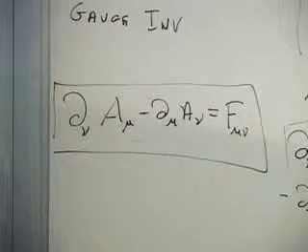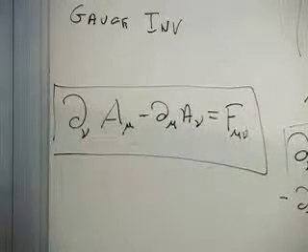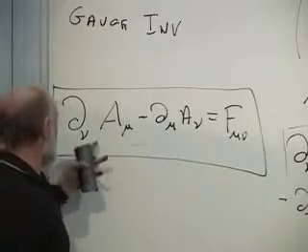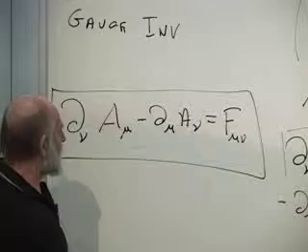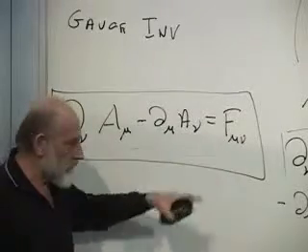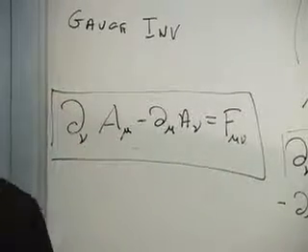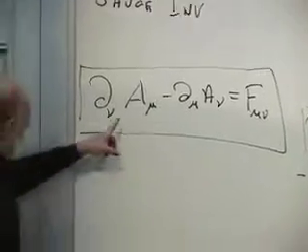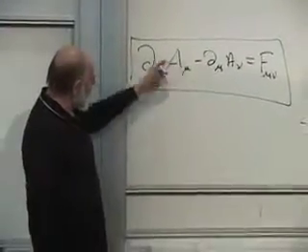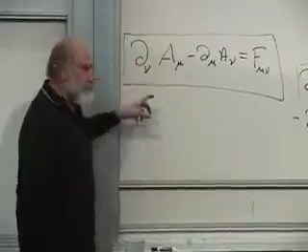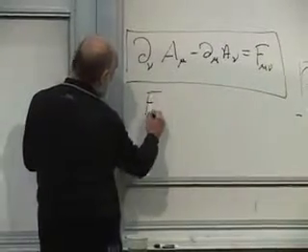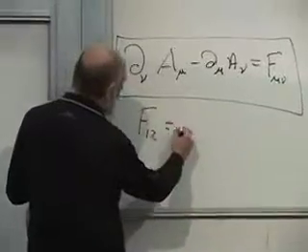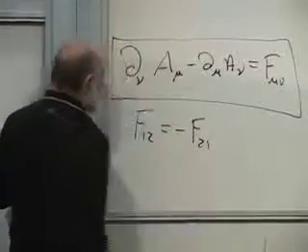How many such objects are there? How many components does it have? Well, offhand, mu and nu can run from 1 to 4. So it looks like there are 16 independent components of F mu nu. Not so. And the reason is that this is anti-symmetric. If you interchange mu and nu, it changes sign. So that means, for example, that F12 is just equal to minus F21.